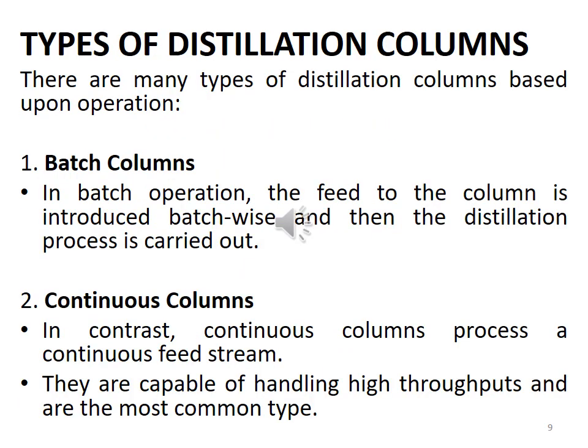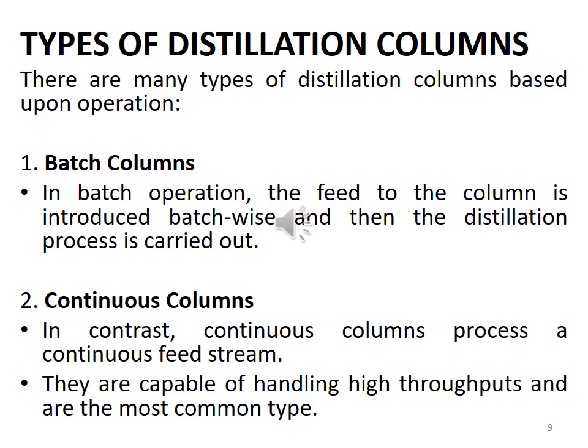The distillation columns are divided into two categories: number one, batch columns; number two, continuous columns. In batch column operation, the feed of the column is introduced batch-wise, and the frequency of the batches can be different.